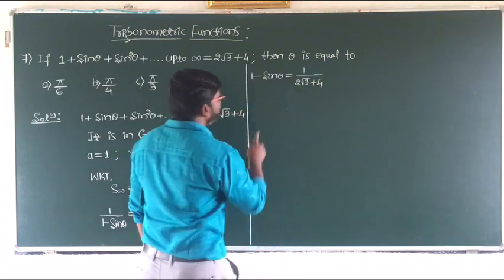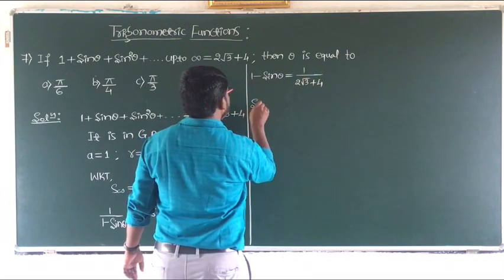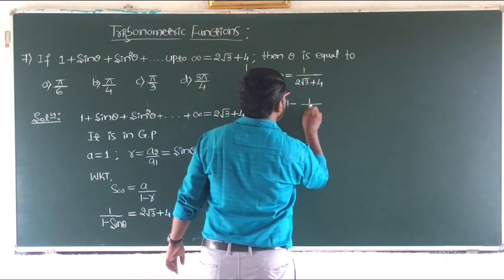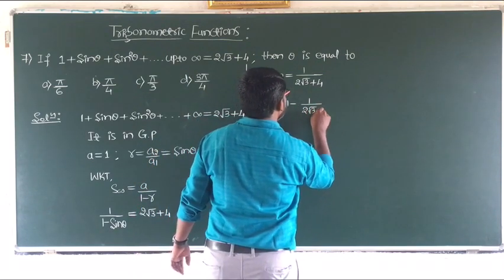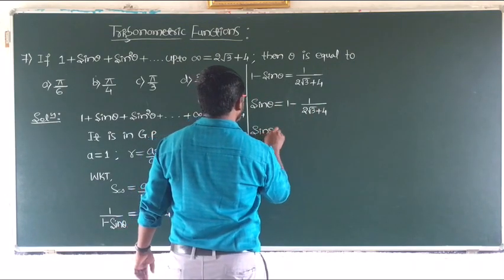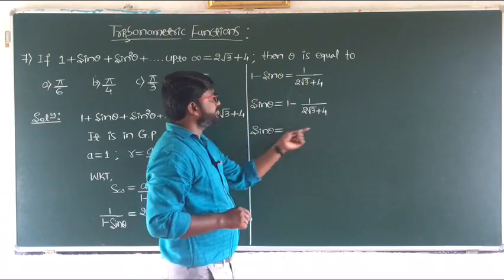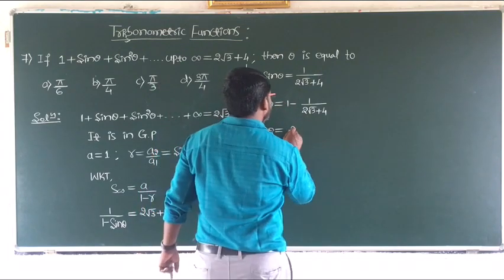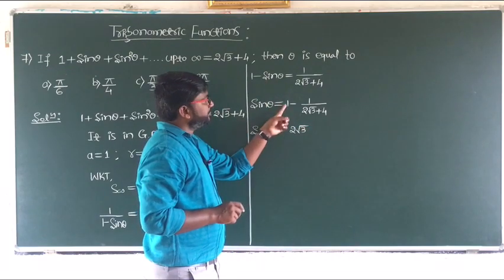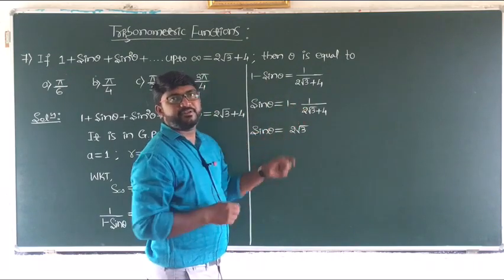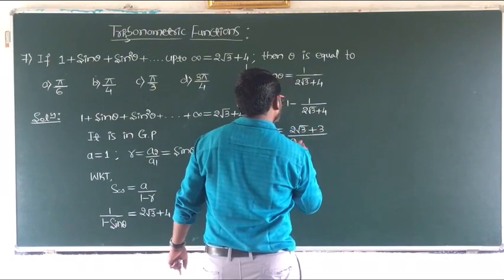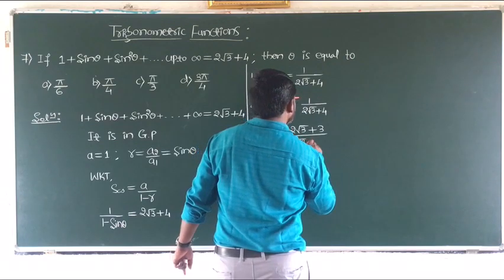So now this can be written as sin theta is equal to 1 minus 1 divided by 2 root 3 plus 4. So now sin theta is equal to, take the LCM, this will be multiplied with 1. So we get 2 root 3 plus 4 minus 1, 4 minus 1 will be 3, so 2 root 3 plus 3 divided by 2 root 3 plus 4.